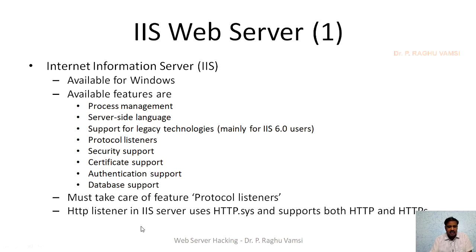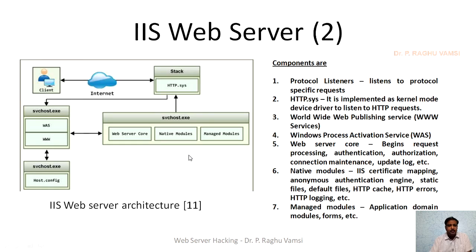This http.sys is a very important thing in the IIS web server. Many of the penetration testing processes or hacking processes will target this particular http.sys file. What this HTTP.SYS does is, it is a kernel based driver which is especially looking for the request to handle.